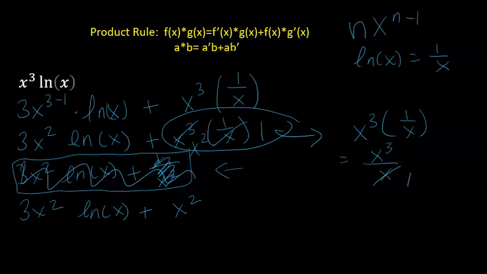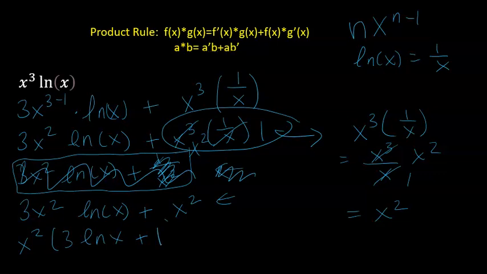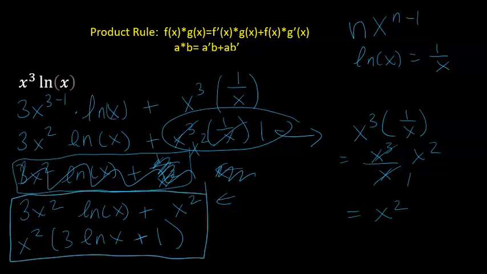This becomes 1. This becomes a 2. It's in the numerator. So that means it's just x squared, right? So this could be the answer right here. But we can also factor out the x squared, and it becomes 3 ln x plus 1, because I need that placeholder. So both of these are correct. Both of them.